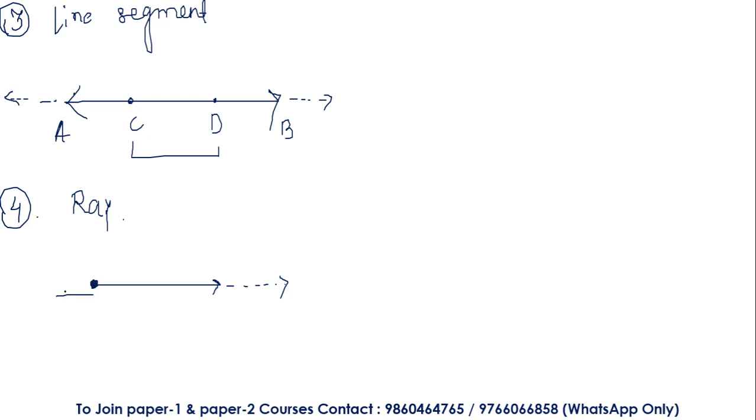There is no extension for this point, but for this arrow there is extension. So this is called a ray. A ray has only one head. Always remember, it is a one-headed arrow, with one end fixed, and the other end having no limit on extensions. We can have limitless extensions over there, okay.